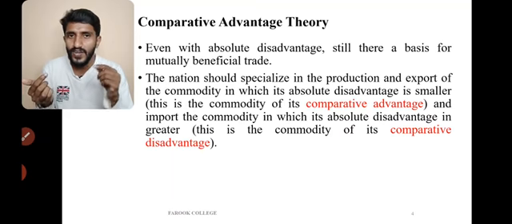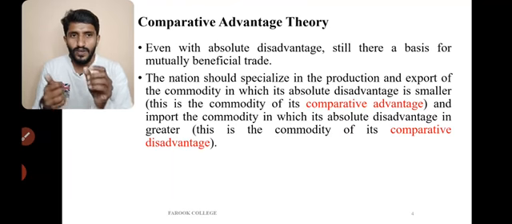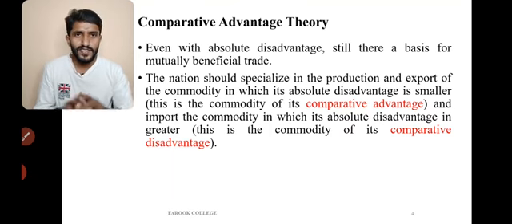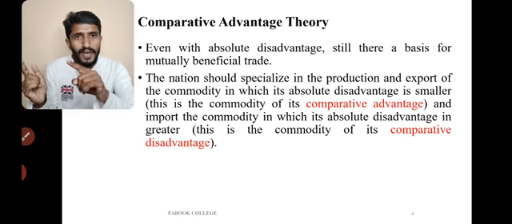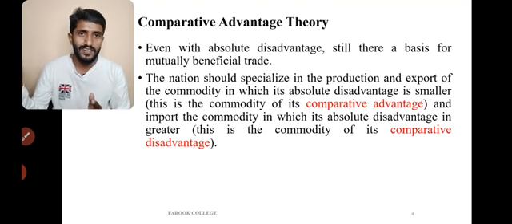So if the disadvantage is greater, then they should go for importing that product. This is the commodity of its comparative disadvantage. So this theory is based on comparative advantage and comparative disadvantage, not absolute as in Adam Smith's analysis.